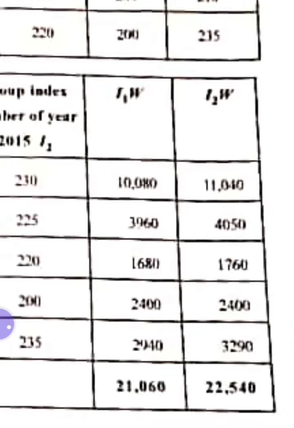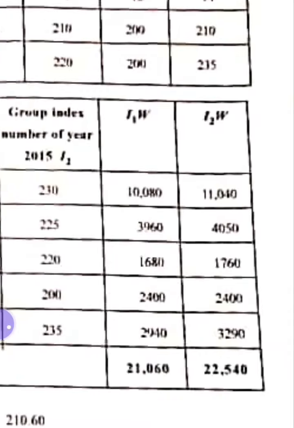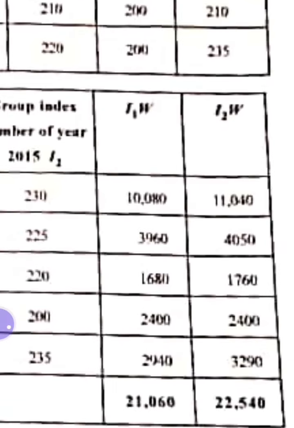Now similarly we find I2W. For I2W you multiply I2 and the weight. For food, 48 multiplied by 230 gives 11,040. For clothing, 18 multiplied by 225 gives 4,050. For fuel and electricity, 8 multiplied by 220 gives 1,760.